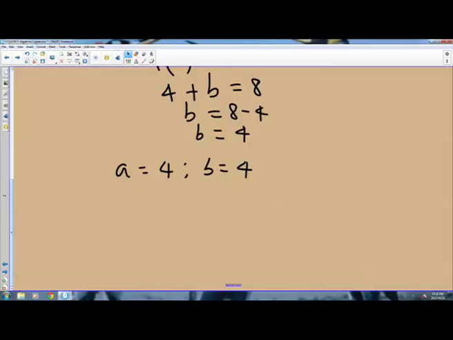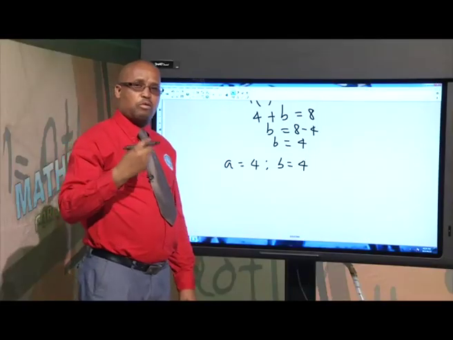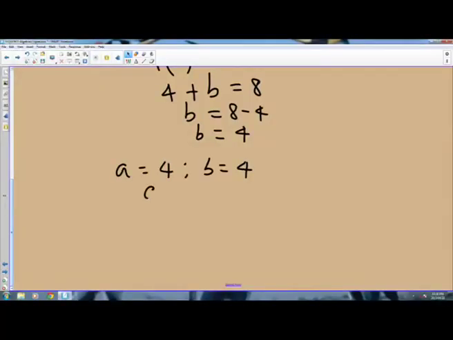And then remember, the algebraic form has to take the form an plus b. So this simply means the algebraic form will be 4n plus 4.